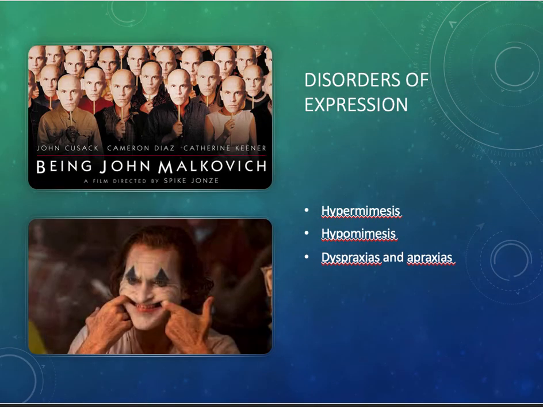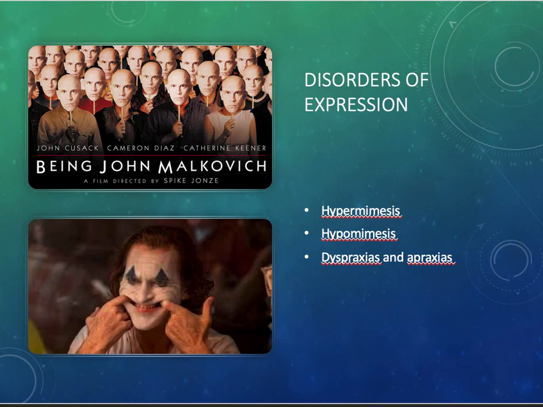All right, and finally, disorders of expression. Here we have hypermimesis and hypomimesis. So hypermimesis is characterized by pathologic laughter or crying, like the Joker, and hypomimesis is the loss of that emotional language and facial expressions.